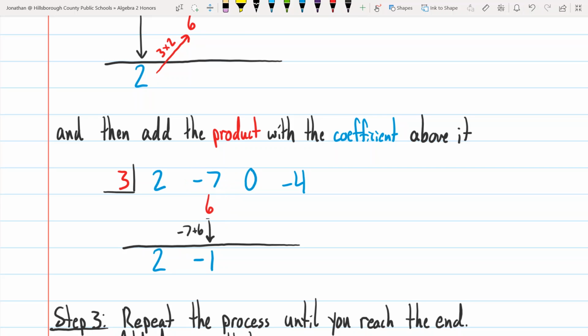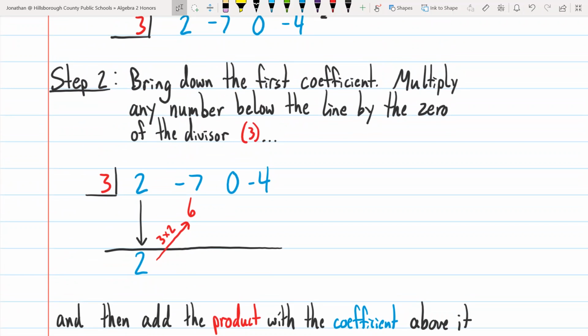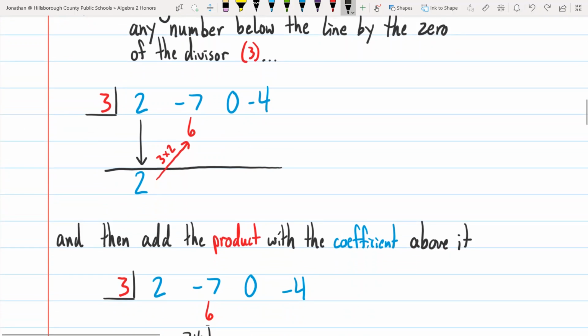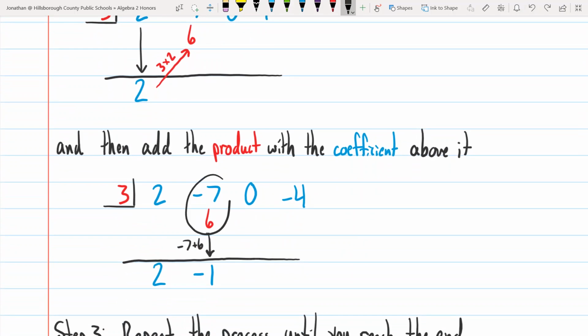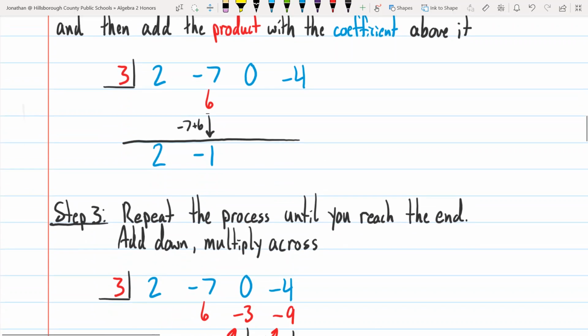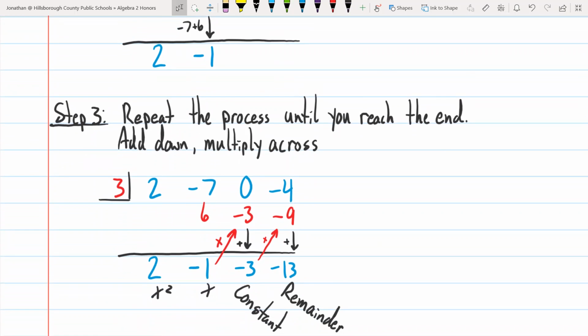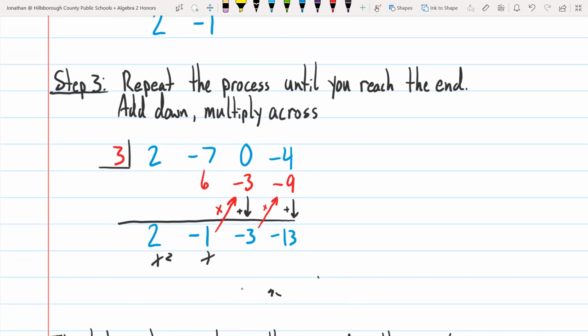And I guess the second part of step 2, add these together and drop them down. We're going to repeat this process until we've filled out this bottom row entirely. And it's going to look a little crazy at first, but the more you do it, the easier it'll get.